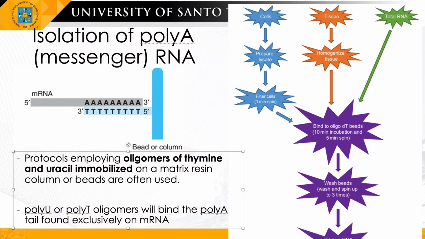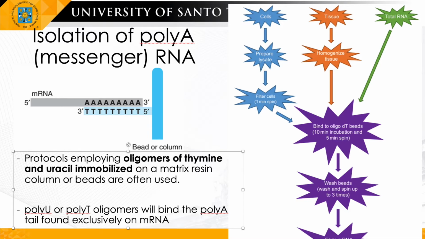Polyadenylated messenger RNA, no? So in this, the isolation of polyadenylated messenger RNA usually involves mostly eukaryotic mRNAs. Because remember, RNA molecules extracted from bacteria or prokaryotes lack polyadenosine tails.